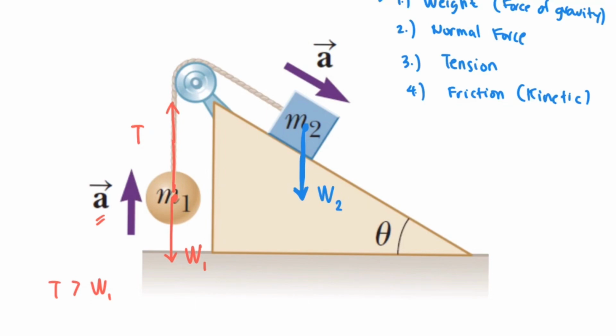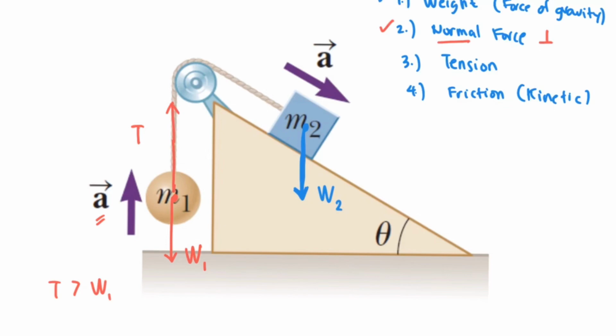Next, we have the normal force. Now the normal force is always perpendicular to the surface that the object is in contact with. Another term for normal is perpendicular. So once again, it's perpendicular to the surface that the object is in contact with, and it points away from the surface.